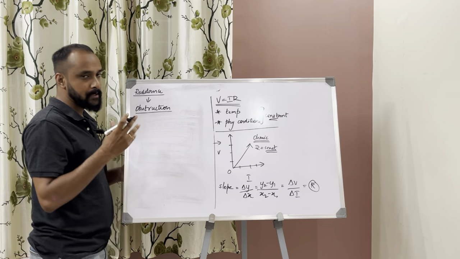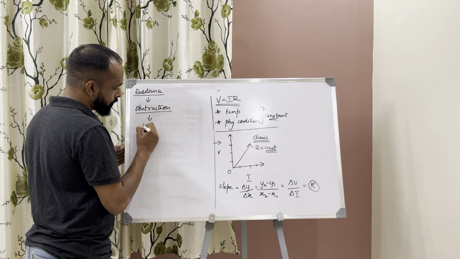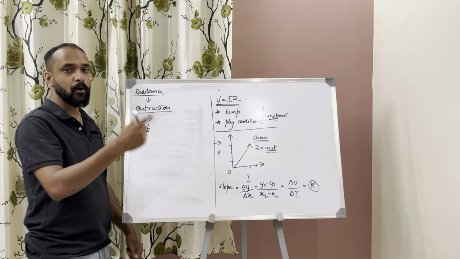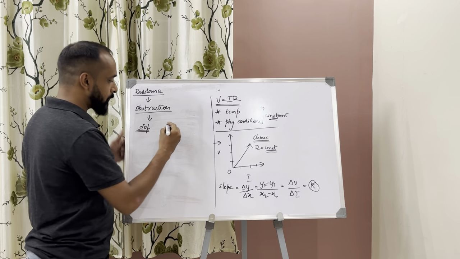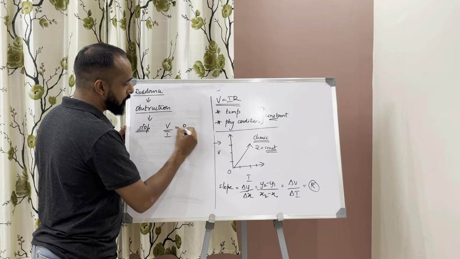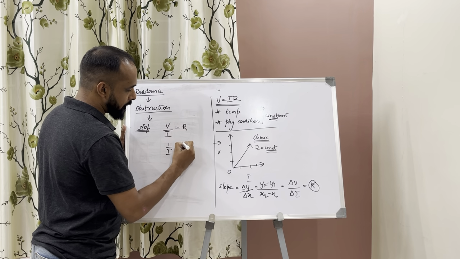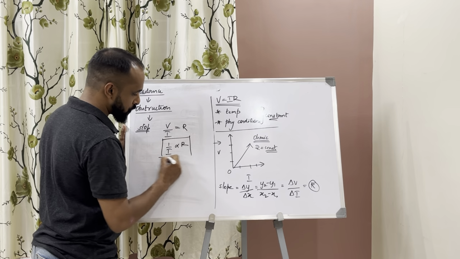So resistance is something that's trying to stop. What is it stopping? It is stopping the current. That is why when you rewrite V by I is equal to R at constant voltage, I and R are inversely proportional.